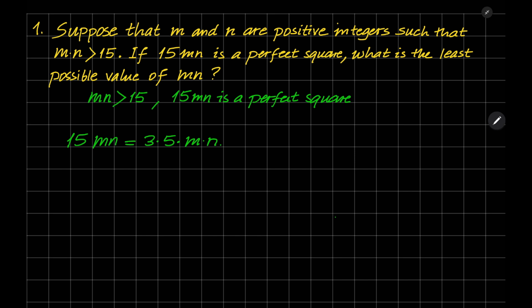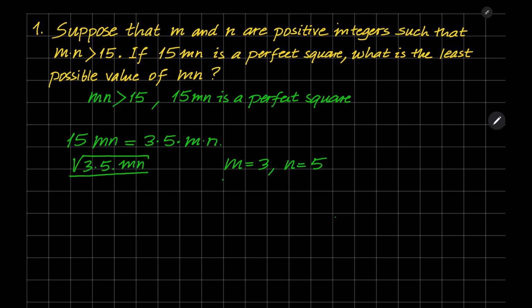We need the square root of 3 times 5 times mn to be an integer. Okay? We could have, for example, m equal to 3 and n equal to 5.